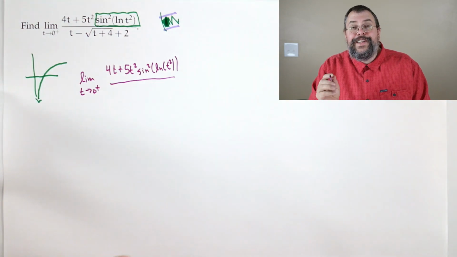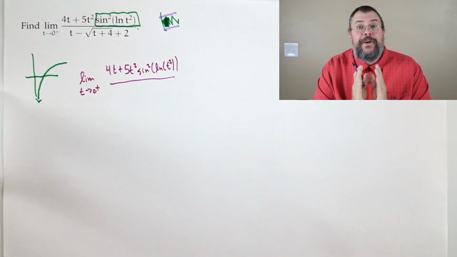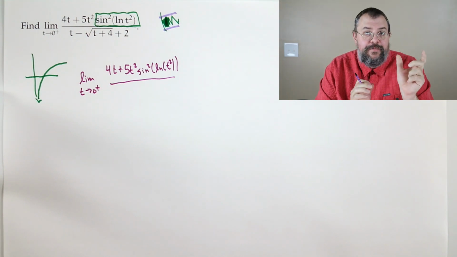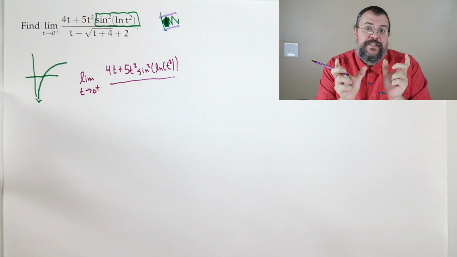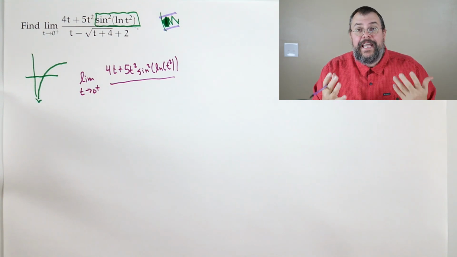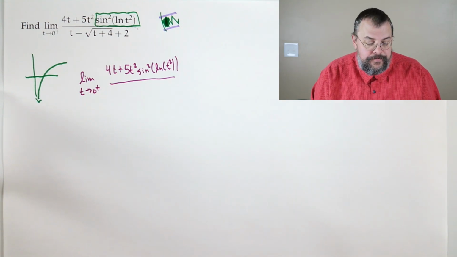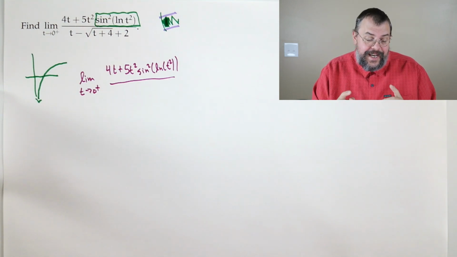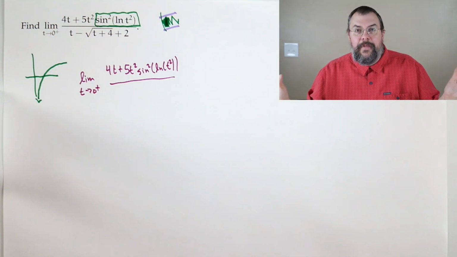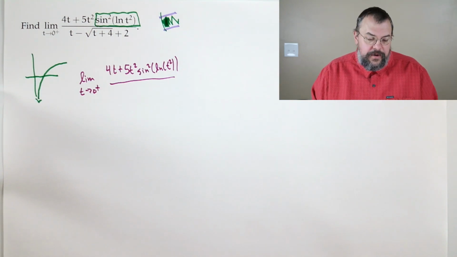Now, let's be careful with our conjugate. Remember, conjugates are when you take something that looks like a minus b and multiply it by a plus b, which means I need two pieces. What are my a and my b? We know we want the square root to be one of our two parts because we're trying to get rid of the square root.